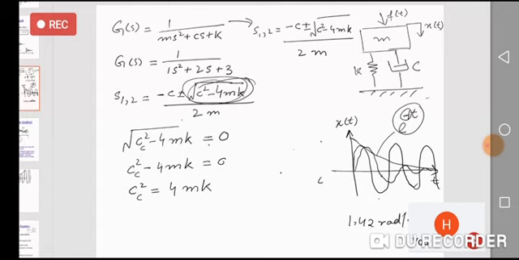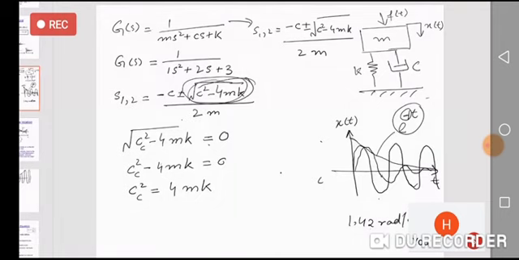That means initially there will be some oscillation and there will be decay. If we keep on increasing the C value of the system, a time will reach when for a particular value of C, which is also called CC, critical damping, there will be no oscillation.